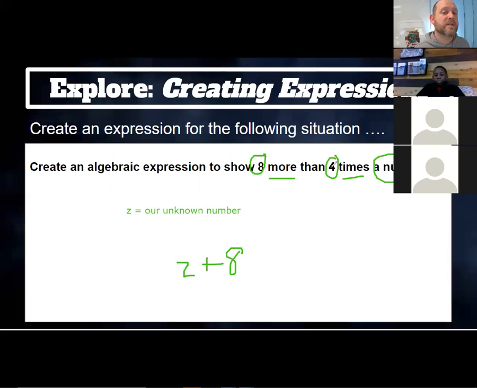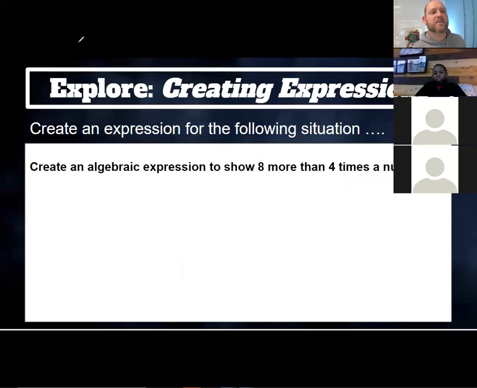And then you were right, Reese, 4 times that number, which would be multiplication. There you go. You've got your 4z. I'm going to put that in there just so we know it's a z and not a 2. So 4z plus 8 would give us our number. If we knew what that number was, we could get a value out of that. We'd have an equation, not just an expression.